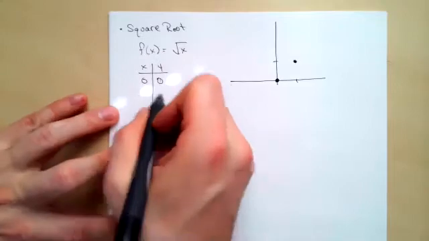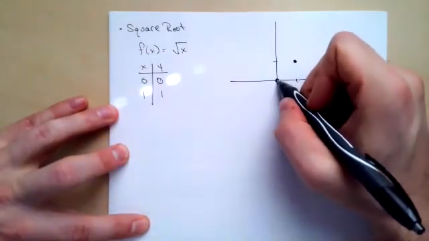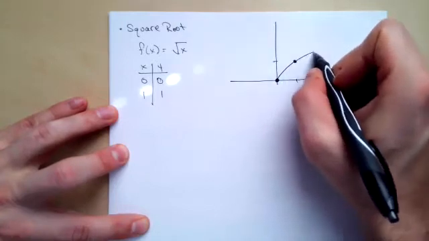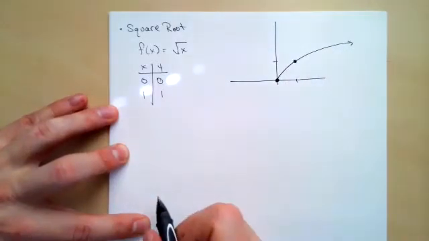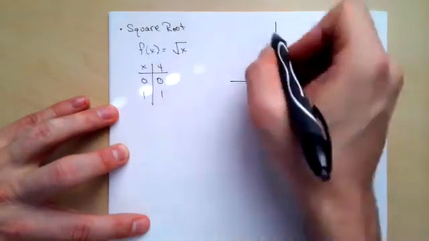Base point (0, 0), passes through (1, 1). Those are the only 2 key points I draw, or at least plot. And then the general shape is a sideways parabola, half of one at least.